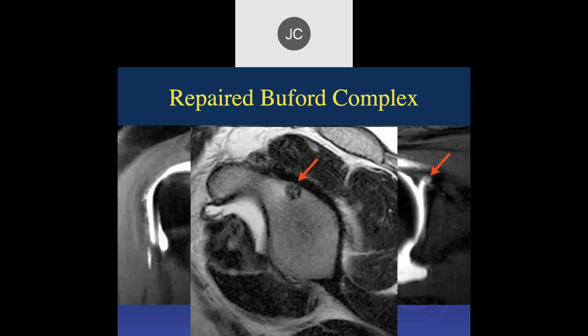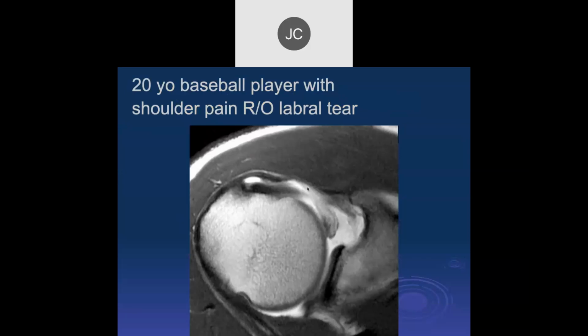So it's important to recognize these. This was a time when it was really the hot thing to repair these superior labral tears. I haven't seen this kind of thing done in a long time now, but the way you word your reports is going to have a significant impact upon what kind of surgery people do. So it's important to recognize the normal anatomy and the variants.